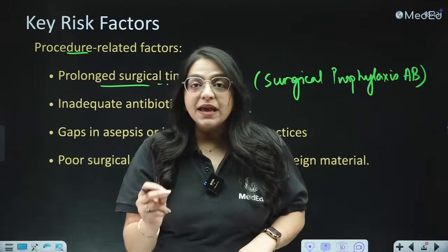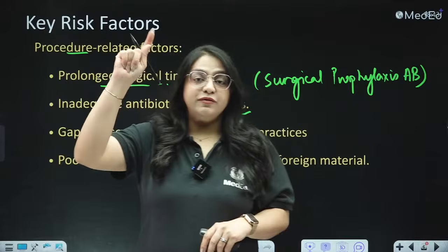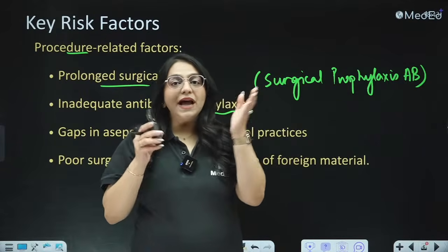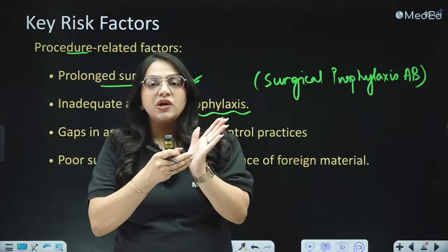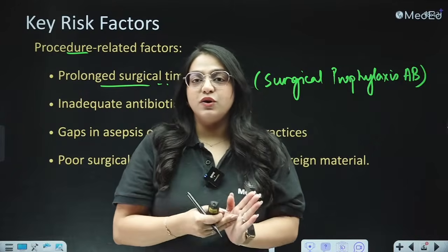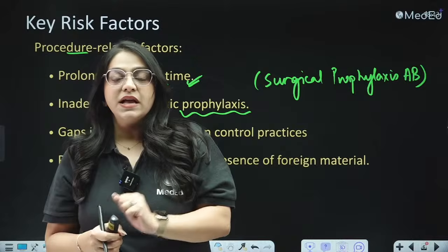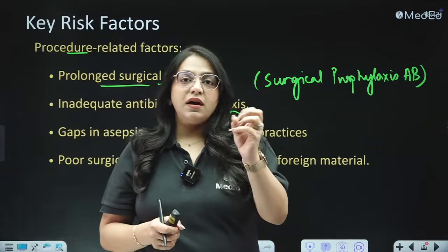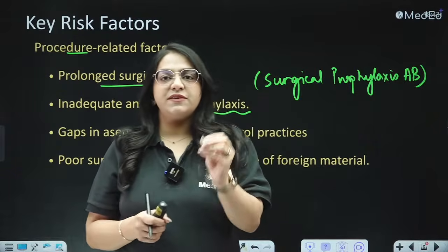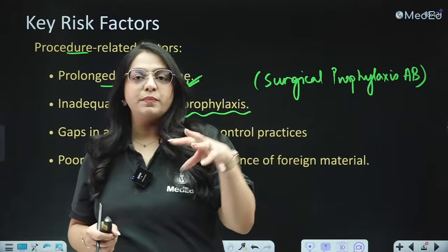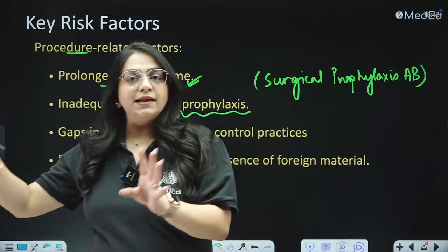What is the funda behind it? You all know that antibiotics have a T half. So the time of giving the first incision is decided on the basis of the T half of the antibiotic that you have chosen. Suppose you have chosen a third generation cephalosporin as an antibiotic, which you are going to infuse into your patient before you take him inside the OT.